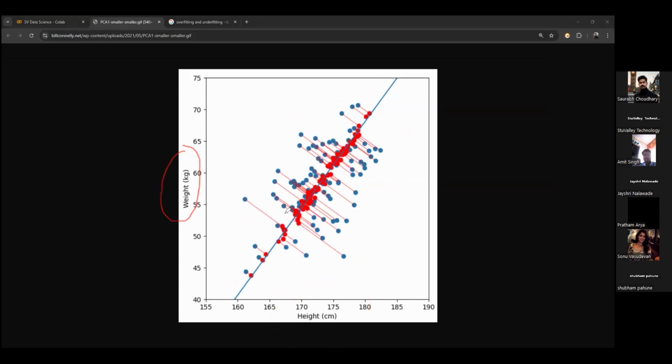As the height increases, the weight was also increasing. So you can see a line over here. We'll make a PCA, principal component line, across this data, and all the data will be projected onto this line. It was two-dimensional, and after projecting onto a single line, it becomes one-dimensional. This is PCA.